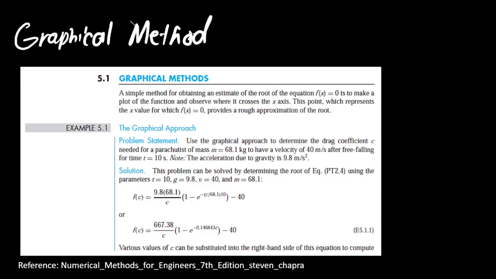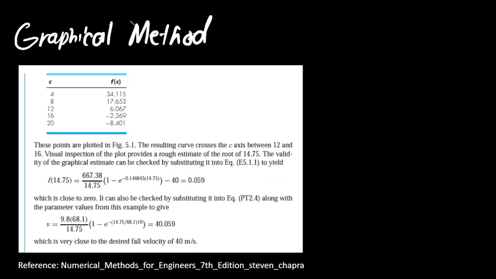So he declares his governing equations, then in the graphical method he tried a series of values of c, since we are using c as the variable for the drag coefficient, and f of c as the values we get by substituting the c. You have a series of values of c with a gap of 4: 4, 8, 12, 16, and 20. You substitute those values into your equation, and you have pairs of values for c and f of c.